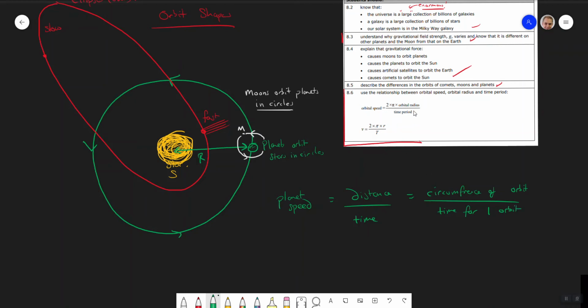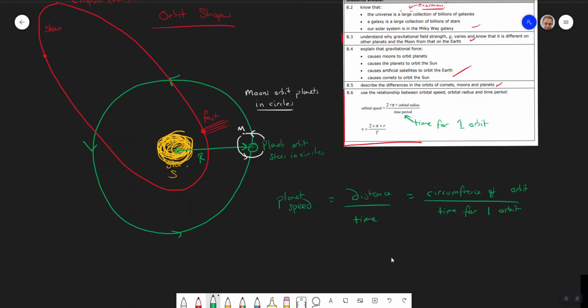So when they say time period, it's how long does it take. That there is the time for one orbit, and 2 pi times radius is the length of one orbit. Okay, so this is a thing that we get.